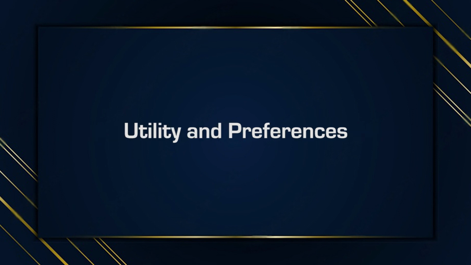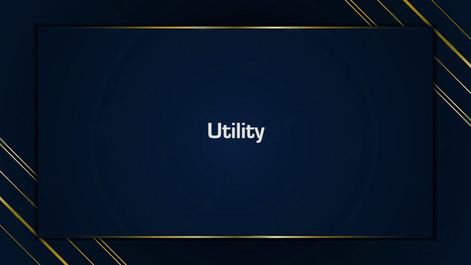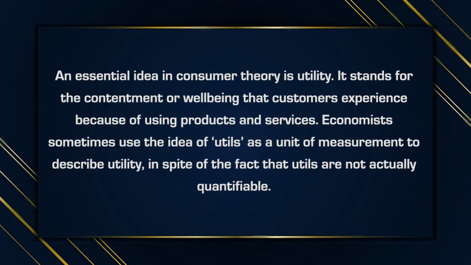Utility and preferences. Utility. An essential idea in consumer theory is utility. It stands for the contentment or well-being that customers experience because of using products and services. Economists sometimes use the idea of utils as a unit of measurement to describe utility, in spite of the fact that utils are not actually quantifiable.